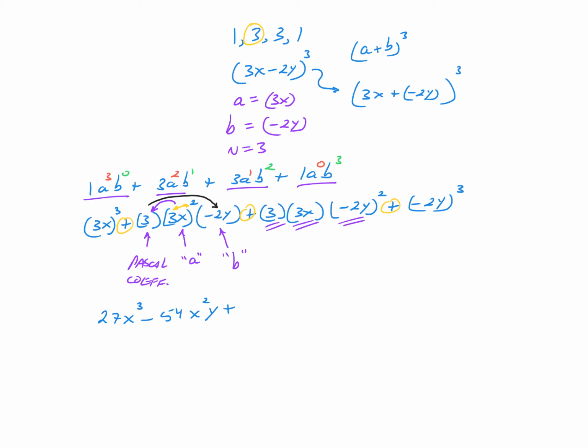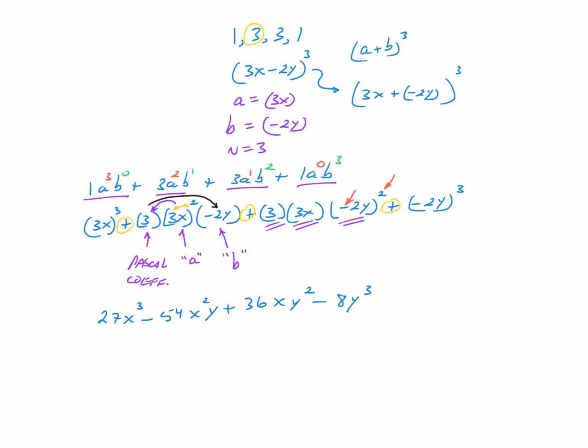There is no indication that I'm going to get a minus because there's my minus and the corresponding power is even. So where was I now? 3 times 3 is 9. And 9 times 4 is 36, so I have 36xy squared. And my last one is going to be minus 8y to the third.